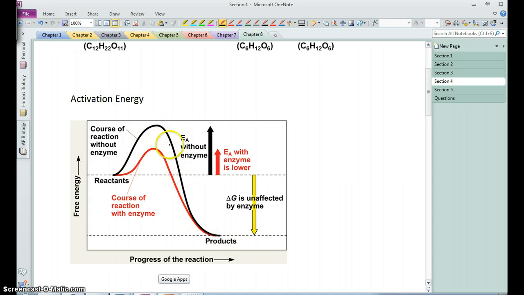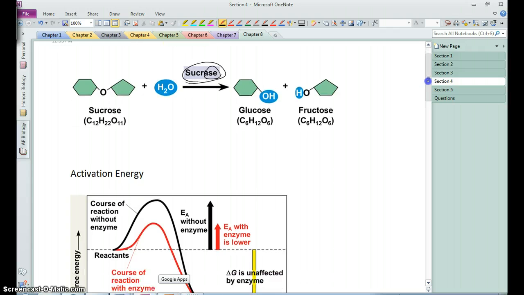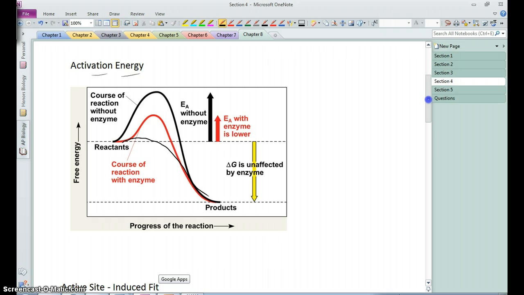Well, without the enzyme, that energy hill is significant such that it really doesn't happen. But the enzyme lowers this hill, this activation energy required to get the reaction going. You could probably think of it as even being somewhat lower. It just really allows that reaction to go by lowering the amount of energy that's needed to get the reaction going. So enzymes essentially lower the activation energy.